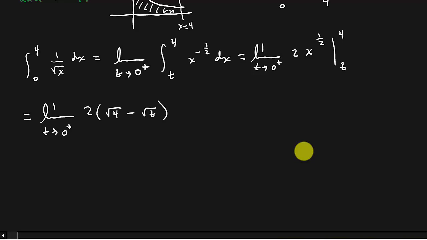All right. And so to take the limit, well, we can just take the 0 and plug it in for t. And so this is going to be 2 square root of 4 minus 2 times square root of 0, which that is just 4.